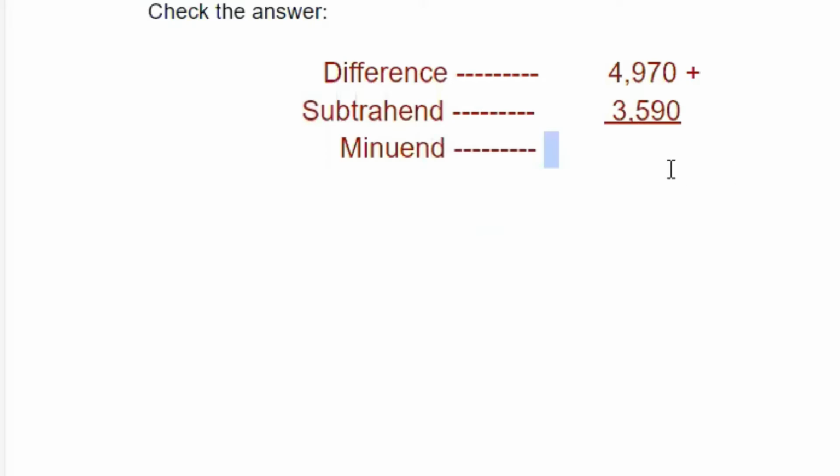Let's do the addition together, please. Ones place, 0 plus 0 equals 0. 7 plus 9 equals 16, right?